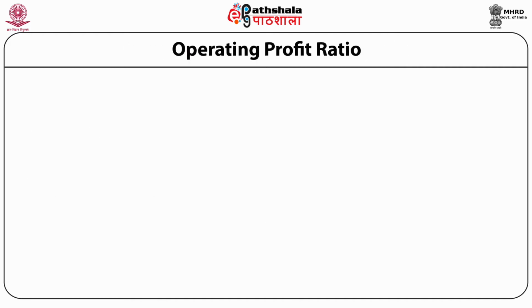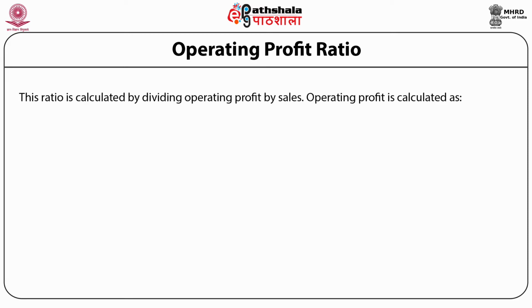Next ratio is operating profit ratio. This ratio is calculated by dividing operating profit by sales.